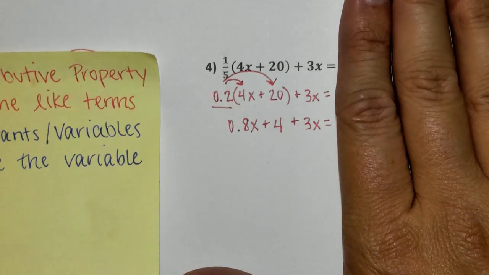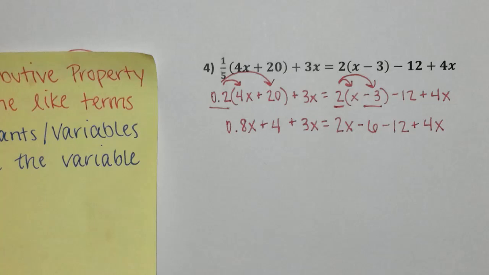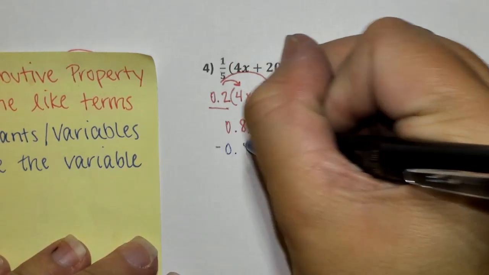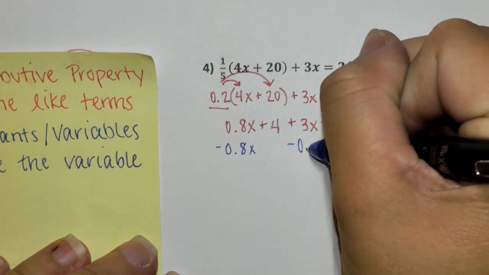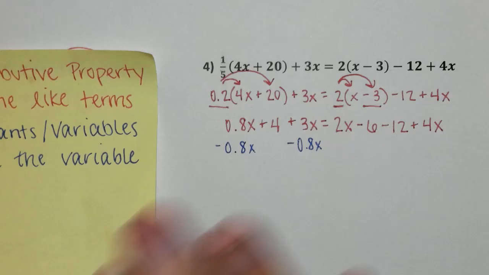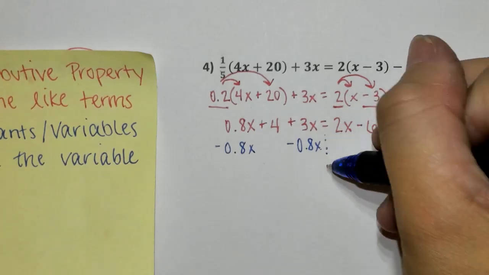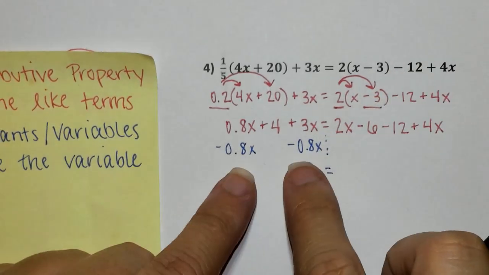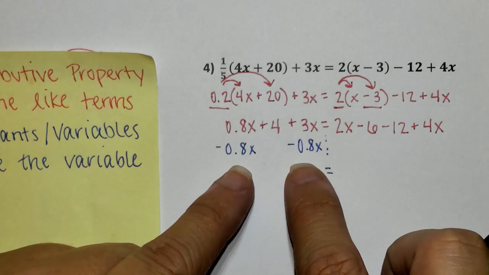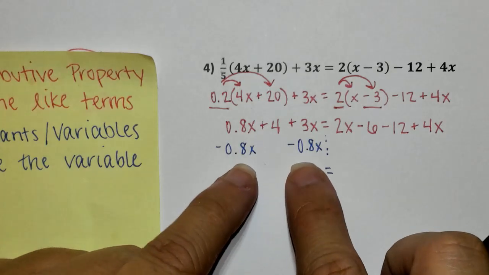Sometimes kids will make this mistake. So our golden rule in math when solving equations is what you do to one side, you have to do to the other. But if you look at what I just wrote down, I didn't subtract 0.8x from both sides. I subtracted it from the same side twice.